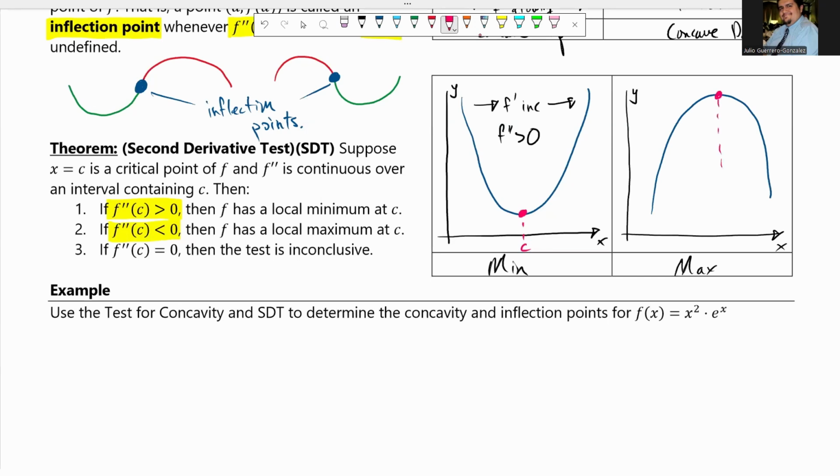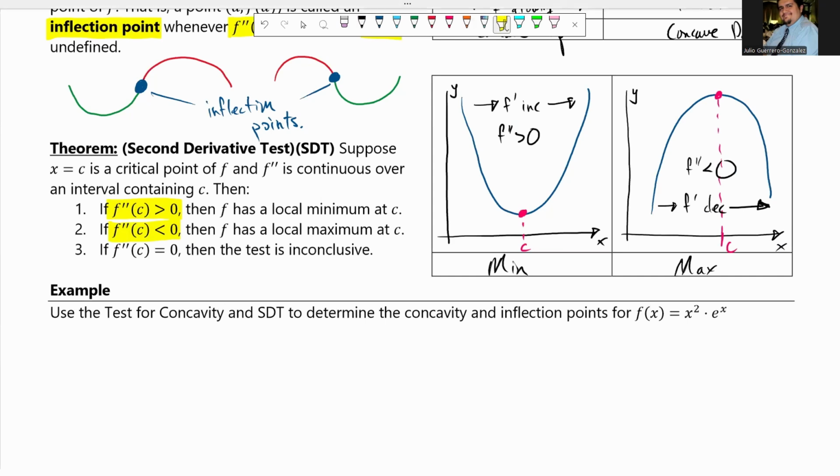We know that this is a critical value right there. That's my c. Notice that as we go this way, f prime is decreasing. This says that f double prime is less than 0. Whenever that happens, we have a local max, okay?